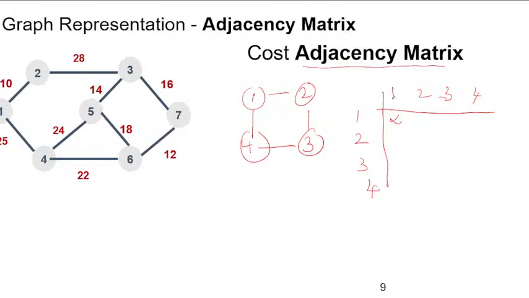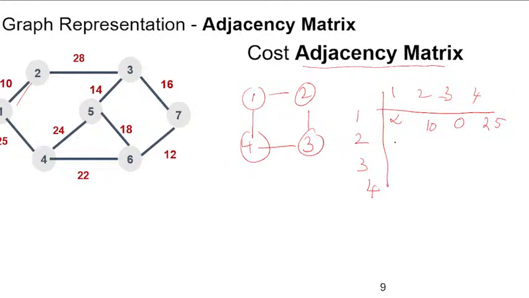And from 1 to 2, do you have any edge from 1 to 2? Yes, from 1 to 2 it is 10, so you should write 10 here. 1 to 3, no, you don't have this cost, so 0. 1 to 4, yes, you have 25.